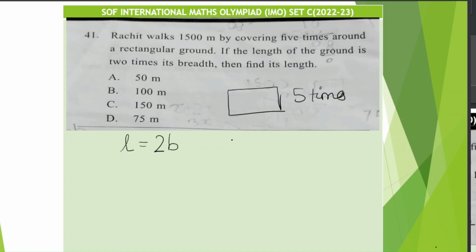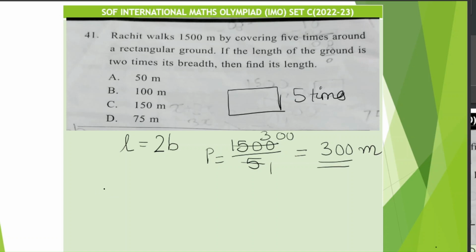If I divide 1500, the total distance that he walks around the ground, by 5, I will get the perimeter. 5 ones are 5, 5 threes are 15, and then 2 zeros. 300 meter is the distance he covers in one round, and that is also the perimeter of the ground.